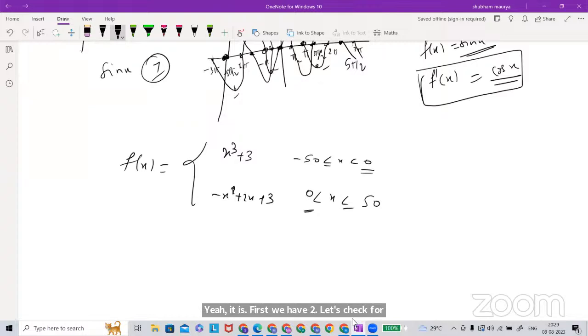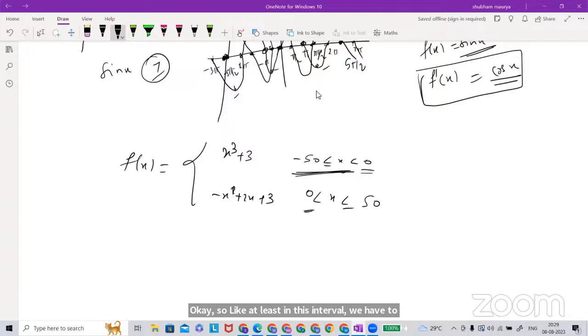We have to check at least for this interval, at least in this interval, the critical points.